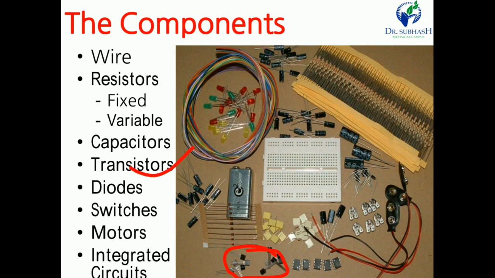Then the next one is the diode. Many types of diode are available. In this diagram, these are all diodes. It is a two-terminal device, anode and cathode. Friends, these include the light emitting diode, simply called LED.